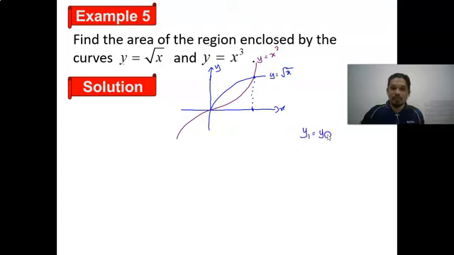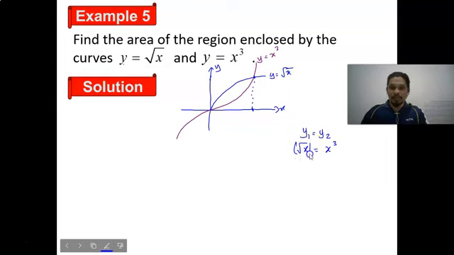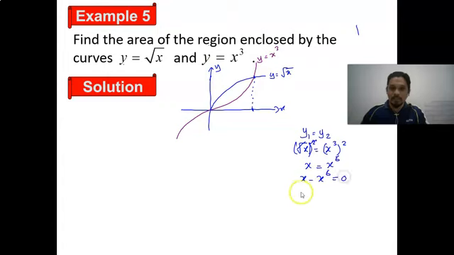So let y1 equal to y2. Square root of x equal to x cubed. So we square both left and right. Then x equal to x to the power of 6. So x minus x to the power of 6 equal to 0.